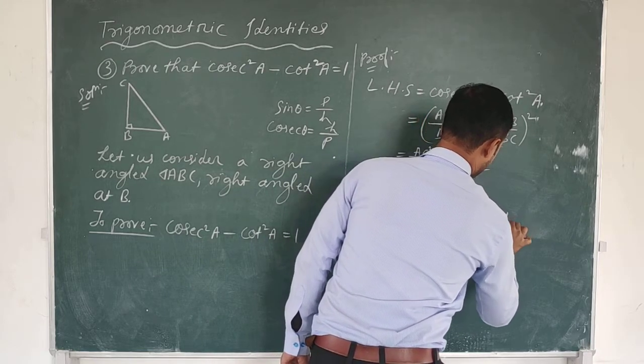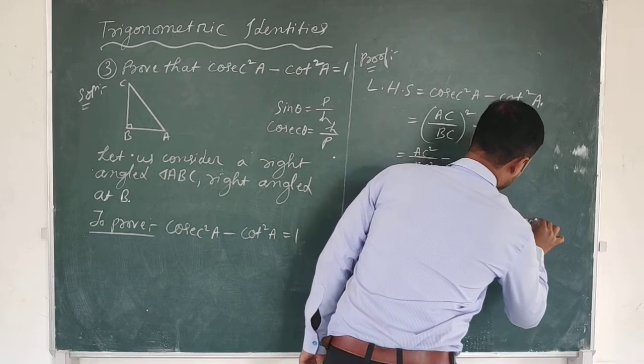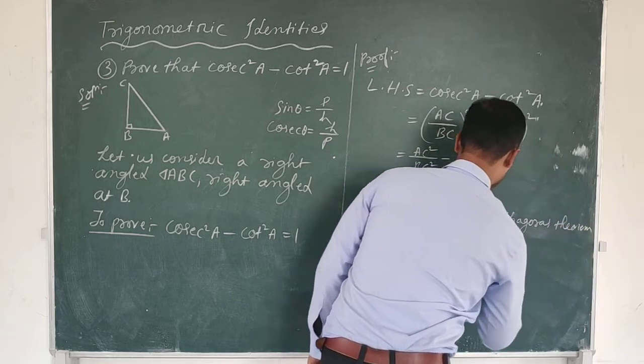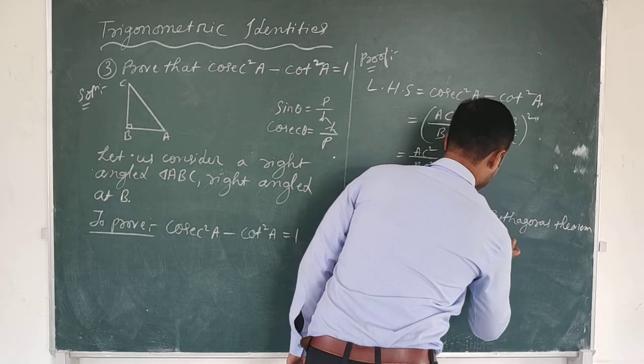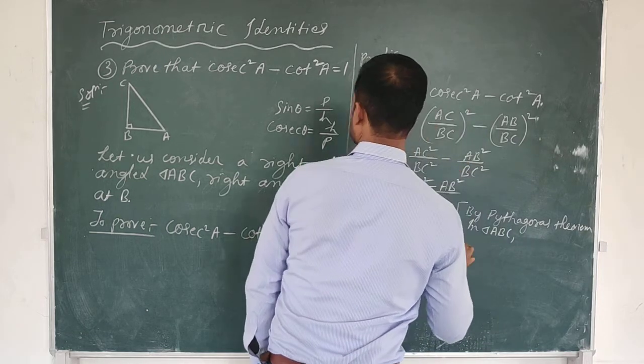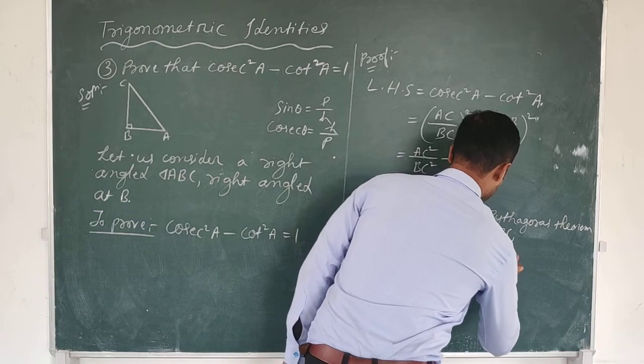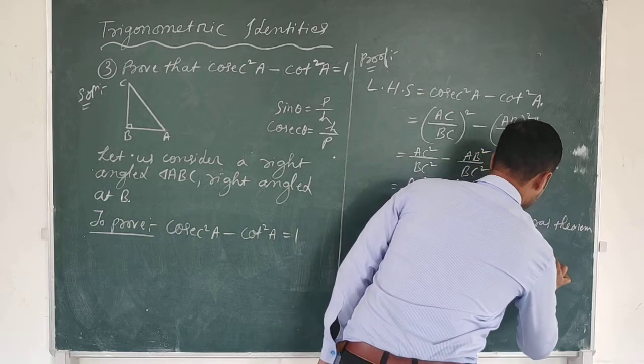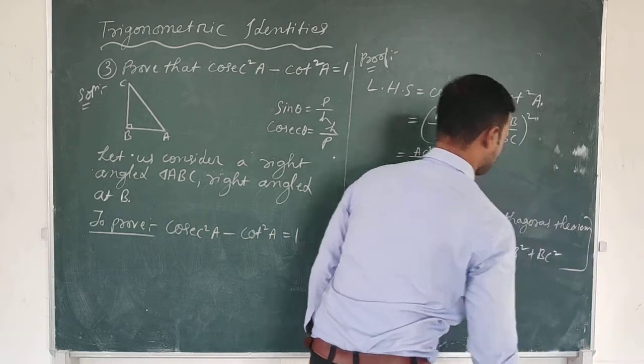By Pythagoras theorem in triangle ABC, AC square is equal to AB square plus BC square.